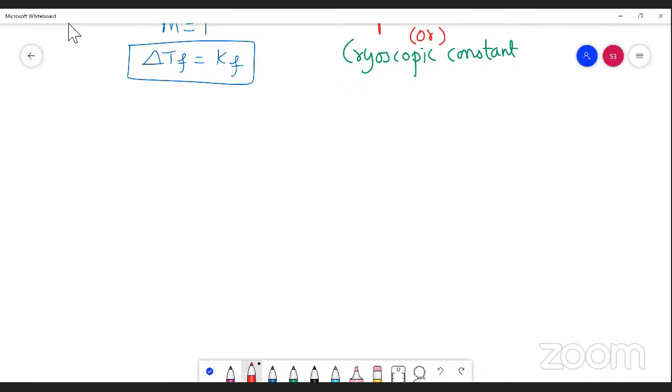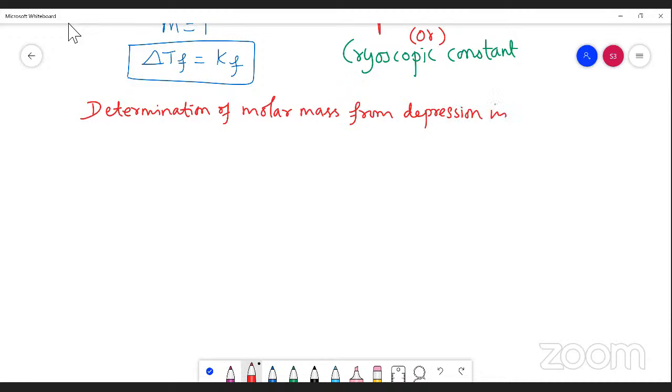Next, we are going to see the determination of molar mass from depression in freezing point.